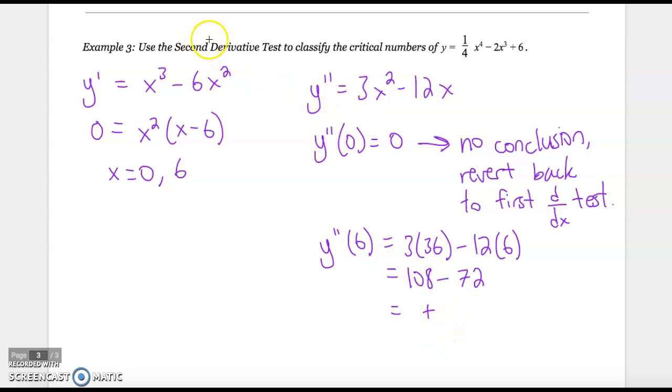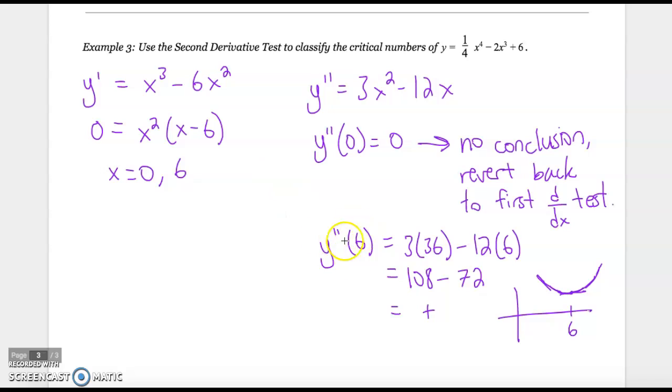So I know by my second derivative test, since 6 was a critical number, and my second derivative is positive, that means on my graph, at 6, I had a critical number, so I had a horizontal tangent line there, and my second derivative was positive, which means my graph was shaped like this, because my original function was concave up.